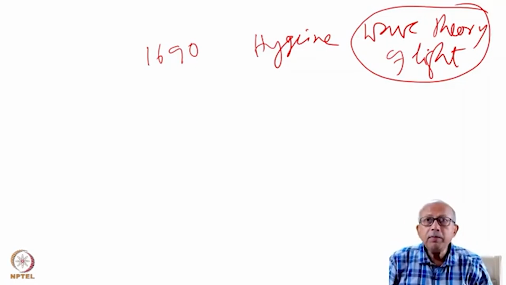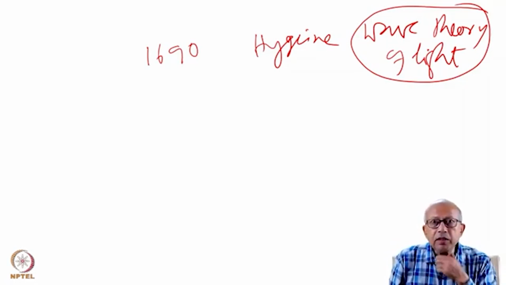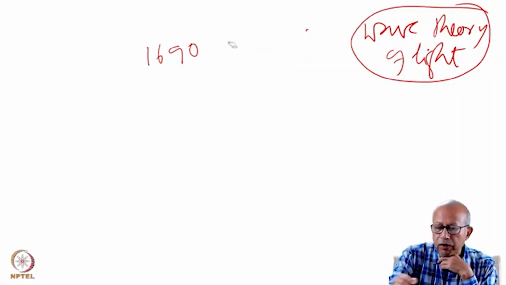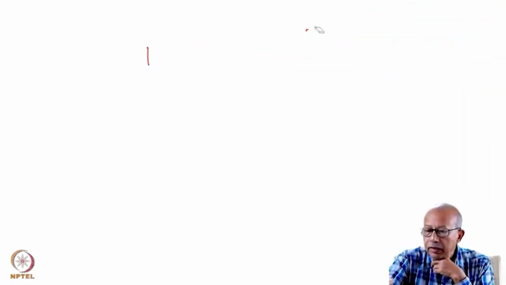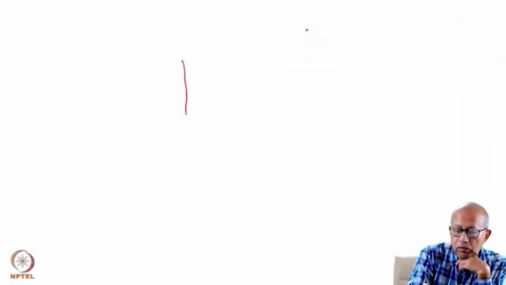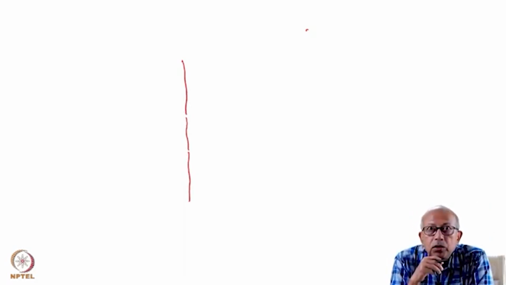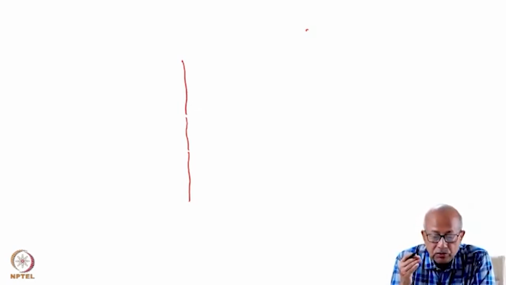The experimental system that he used was fairly simple. We have studied all this, so I'm just giving you a brief summary. He used an opaque barrier into which two slits were etched.